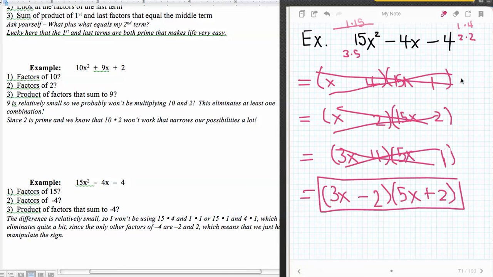Now remember our factoring by grouping strategy? Our factoring by grouping strategy would have said, okay, 15 times 4, and then I get the factors of that. So I have 60, and 1 times 60, and 2 times 30, and 3 times 20, and then 4 times 15, and 5 times 12, and 6 times 10, and 7 doesn't go into it, 8, no, 9, no, and 10, we're back at our middle.